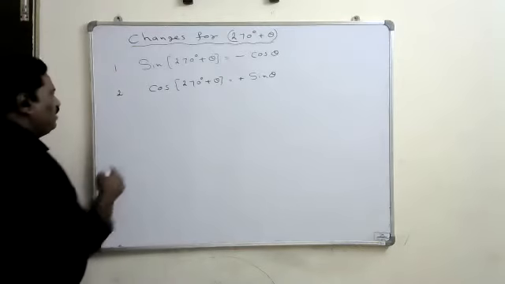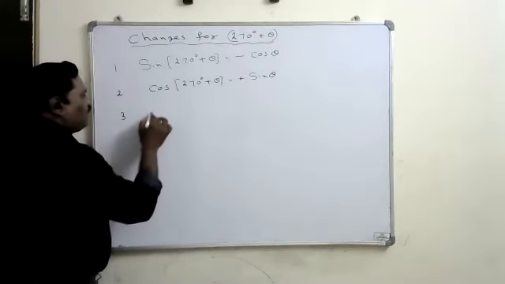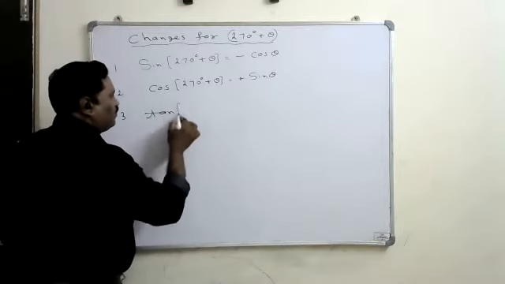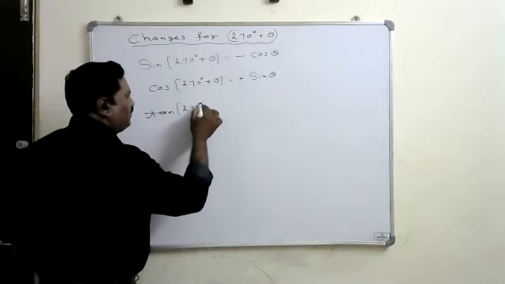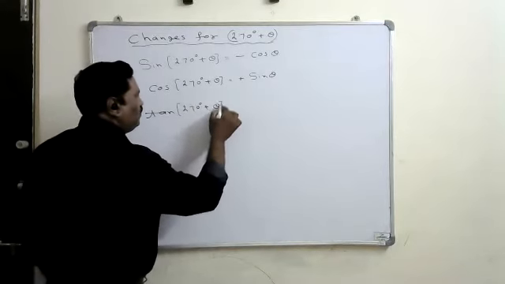Similarly, tan of 270 degree plus theta, how will it change? Minus cot theta, because in the fourth quadrant, tan has a negative sign.